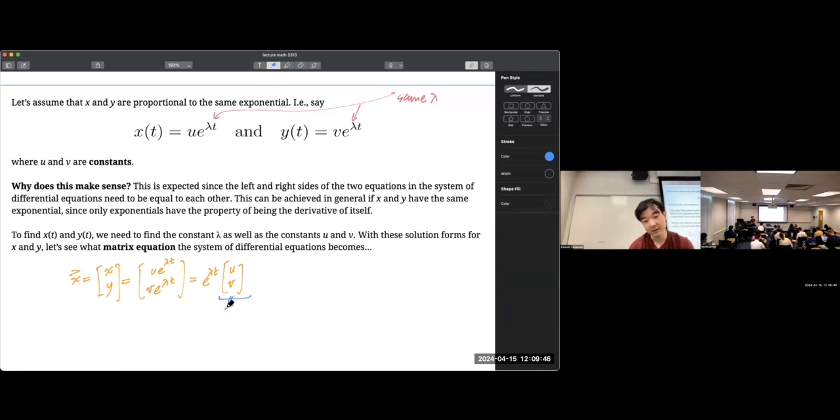I'm going to call this the v vector. And then that condenses this to the x vector. We just said that this is the proposed solution, and we're just going to say the solution is going to be that. So this equality here comes from this proposal.